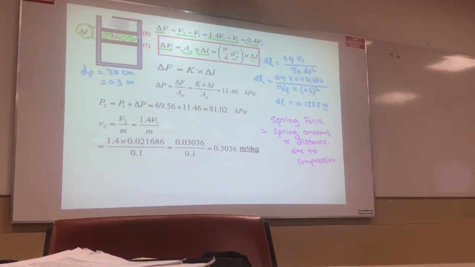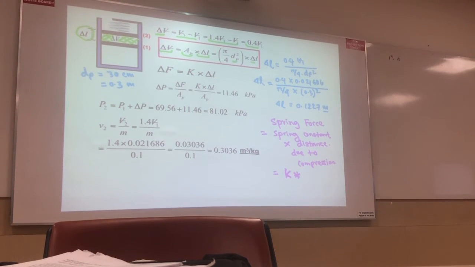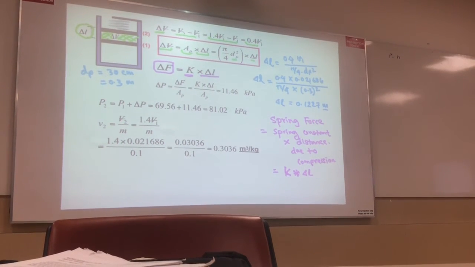What is the spring constant? Spring constant is K, and the distance due to compression is delta L. So that's why I have written spring force is K times delta L.